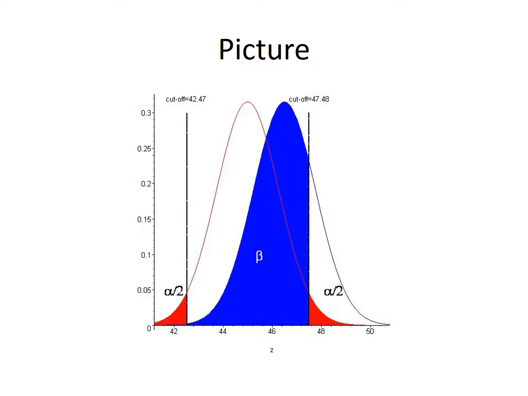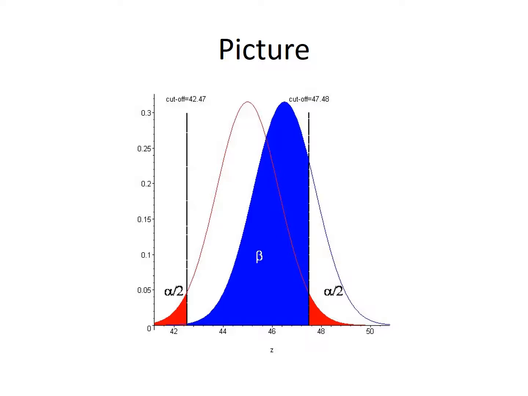So here we have our new curve in blue centered at the claimed value at 46.5. The shading starts at the slice for one of the cutoffs, and it stops at the other slice for the cutoff. So if you're reading from left to right, the shading under the curve will start at 42.47 and it stops at 47.48, and we need to compute the area under the new normal density for this amount of area.